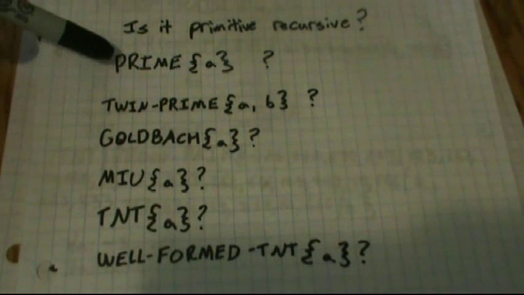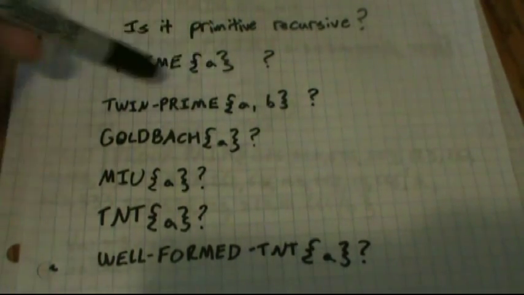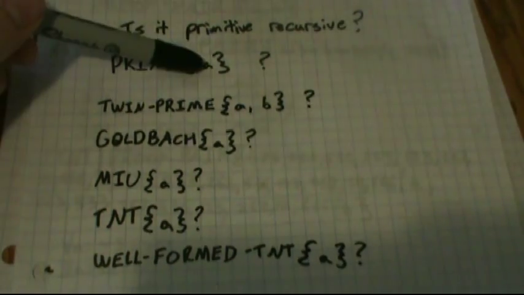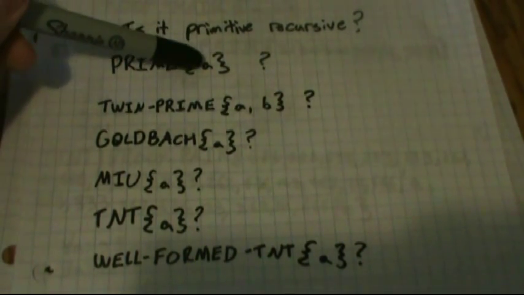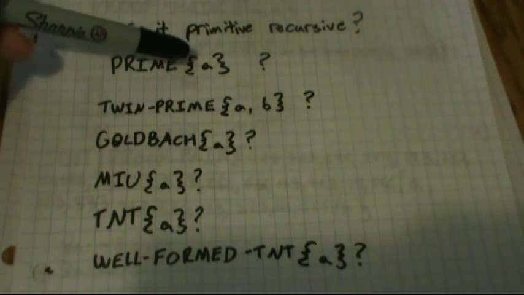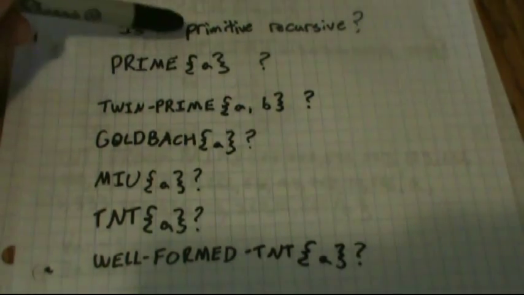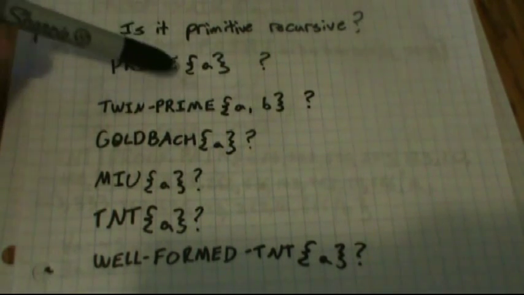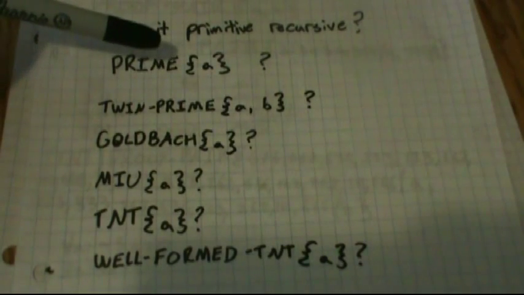You just start at 2, try dividing the number by 2, that doesn't work, try 3, try 4, try 5, and since we know that once we get to the number A, if we haven't found any numbers that divide it evenly without anything left over, then it's prime. So we can just stop our search at A, or we can stop our search once we find a number that does divide it evenly.